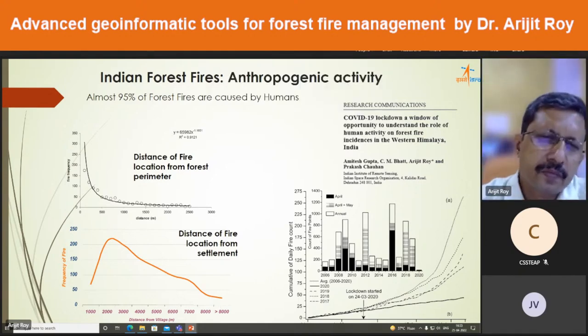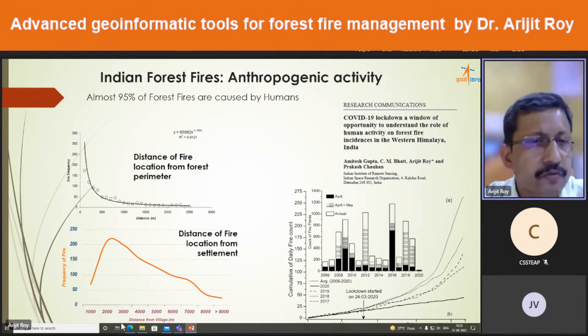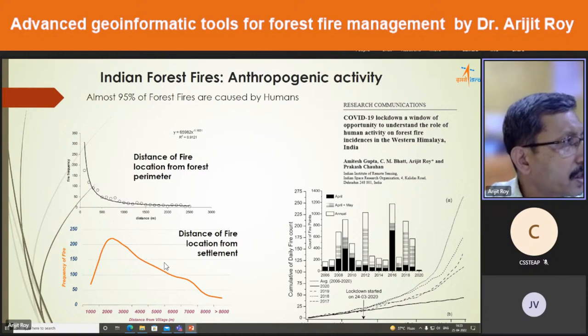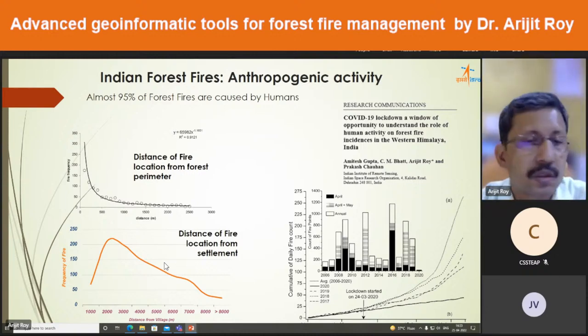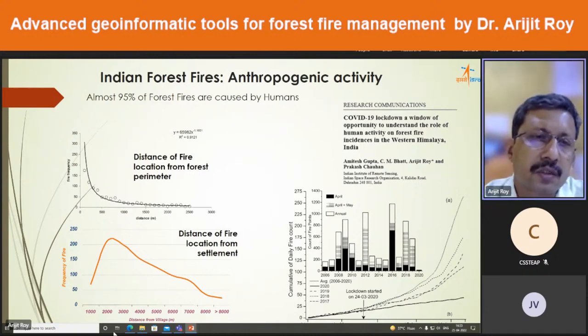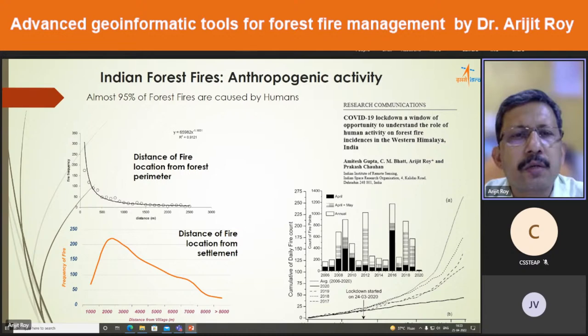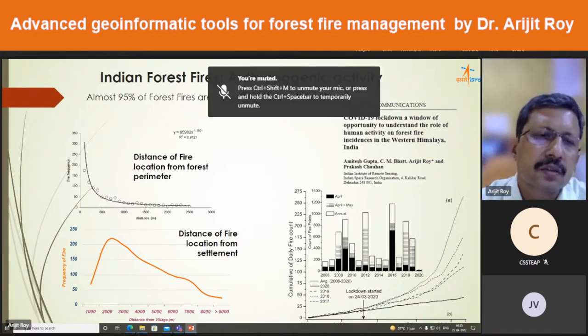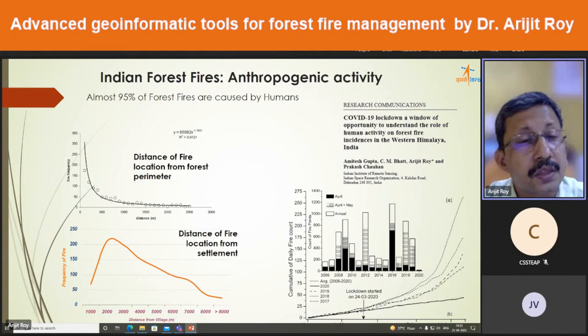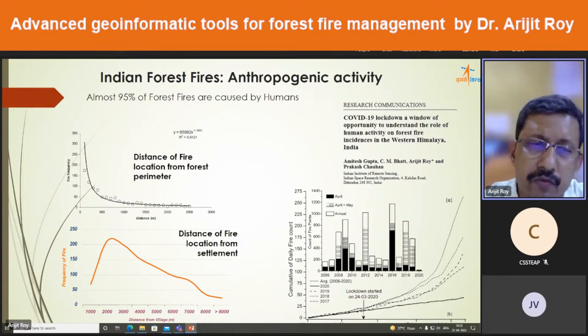where we plotted the distance of the fire location from the perimeter of the forest. What we saw was most of the fire intensities or frequencies were within 1 kilometer from the edge of the forest.